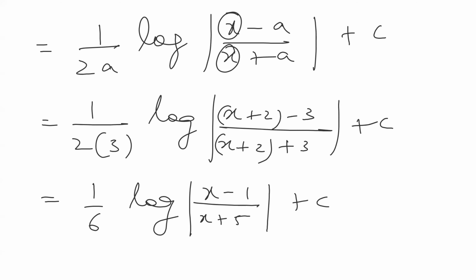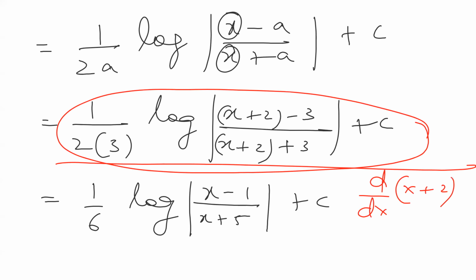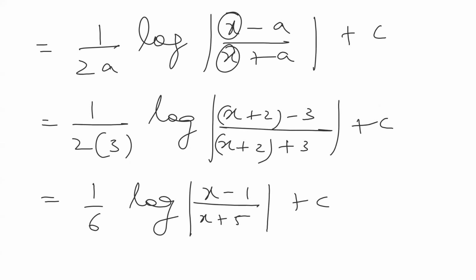Those who want to write that step can write dy dx of x plus 2 beneath this, which is 1. Okay, that's the final answer. Just share your feedback whether you have understood this problem or not.